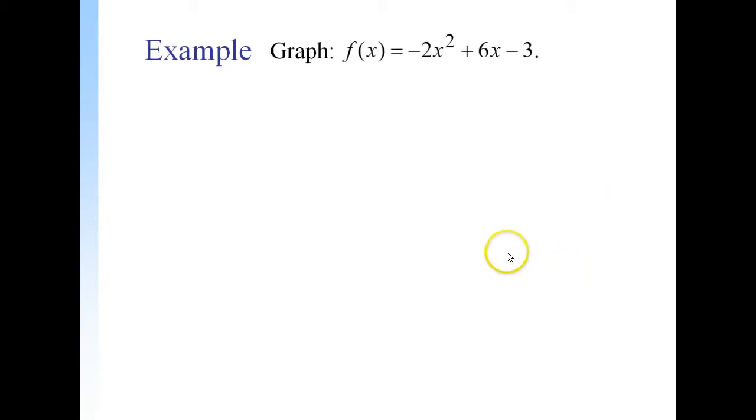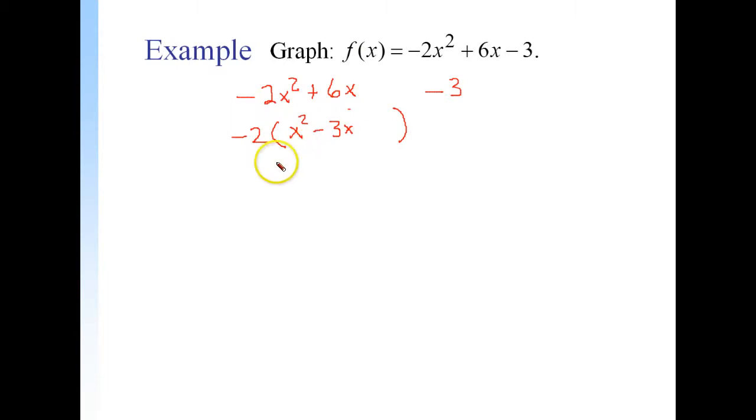All right, this one's again a little more tricky, and I have done this before. So let's do it here. We're going to go -2x squared plus 6x, and I move my c term out there. Now I'm going to factor out here a -2, and then I get an x squared minus 3x.